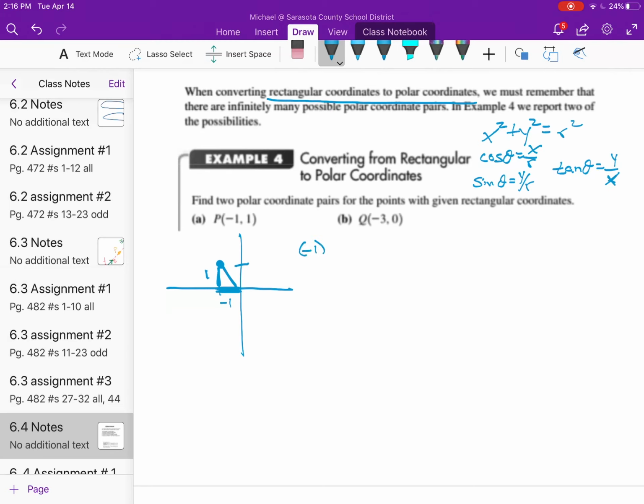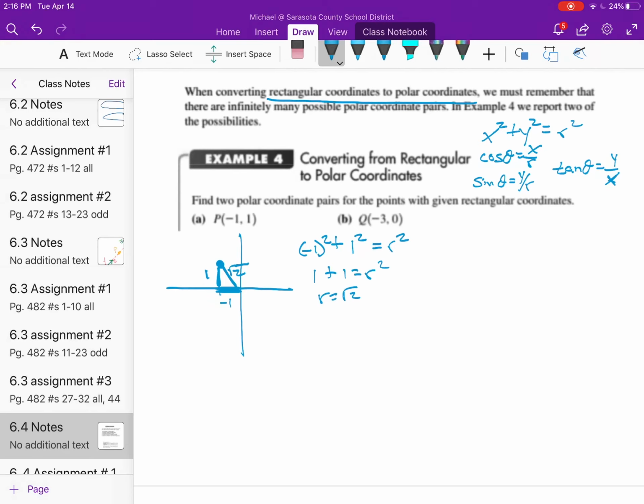So we have -1 squared plus 1 squared equals r squared. So 1 plus 1 equals r squared, therefore r is the square root of 2. This is good, because our goal is to start getting r's and thetas into the mix, because that's what the polar form is going to be.